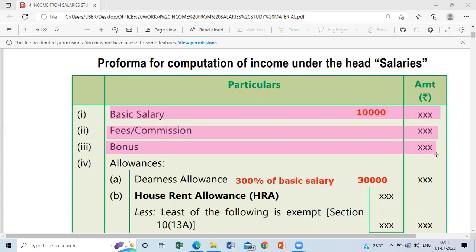It will be fully taxable. So bonus declared not taxable. Bonus received taxable. Bonus received in the sense received by the employee. Same way, bonus paid by the employer taxable.